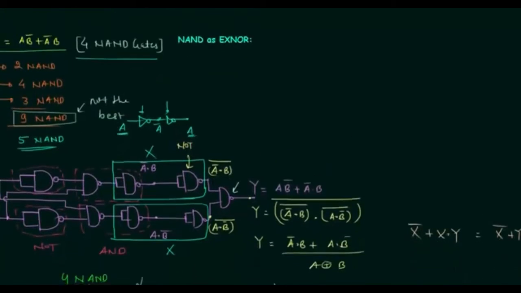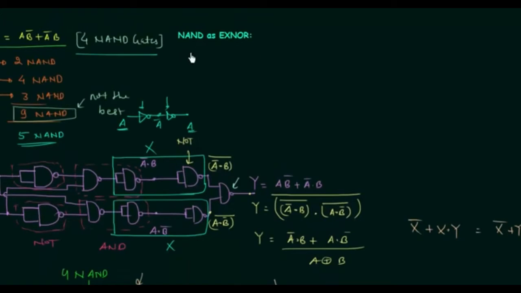Now we will move to XNOR implementation by using the NAND gate, and you already know to obtain XNOR we complement the output of XOR gate. If A and B are the two inputs, then output Y is equal to A and B, or A complement and B complement.